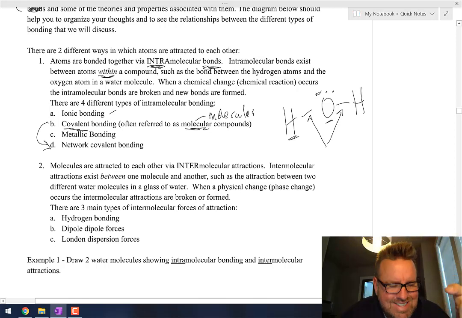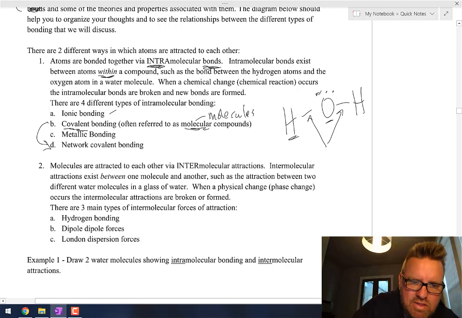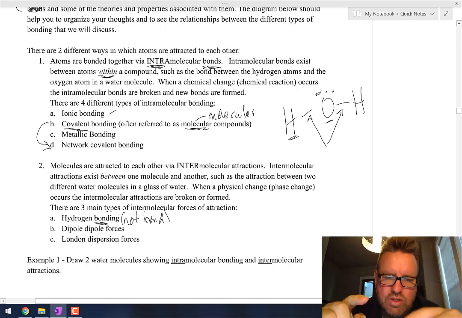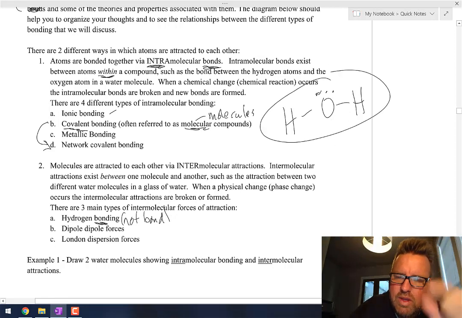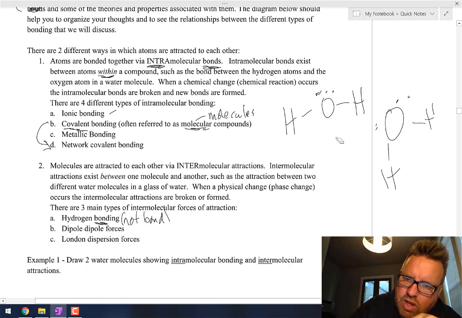The second category is not bonds, even though sometimes they use the word bond. Why do they use the word bond? I don't make the rules. When one water molecule is attracted to another water molecule, right here between them, I'm going to make a dashed line.